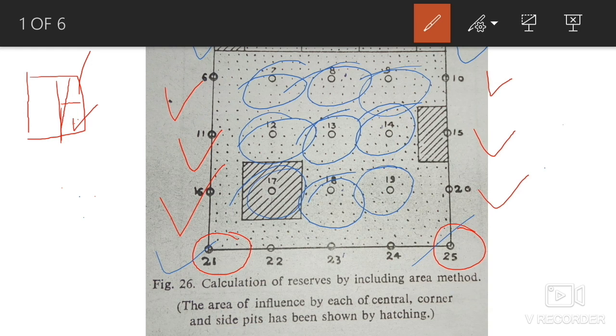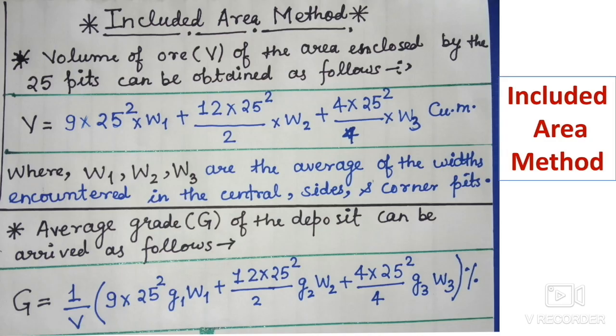Okay, so that's why 9 into 25 square W1, and 12 into 25 square W2 divided by 2, and 4 into 25 square divided by 4 into W3.